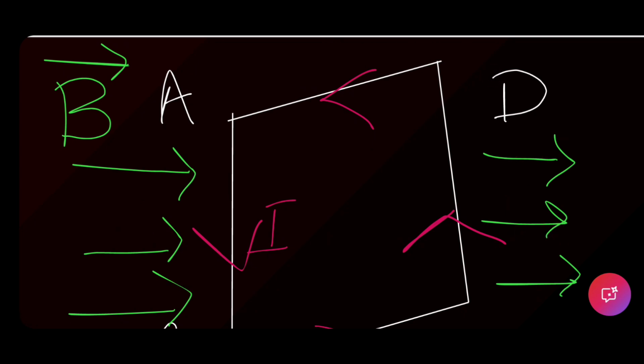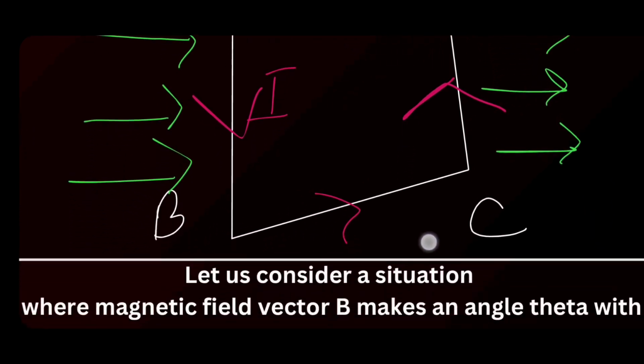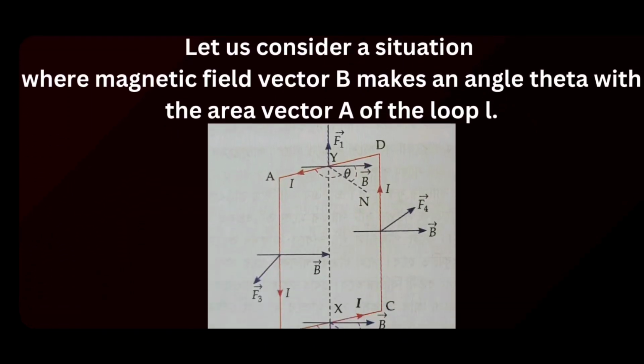Now what happens when we place this loop at an angle theta with the magnetic field B? I mean to say the area vector is at an angle theta with the magnetic field B. Then again we will calculate the forces on the four sides.